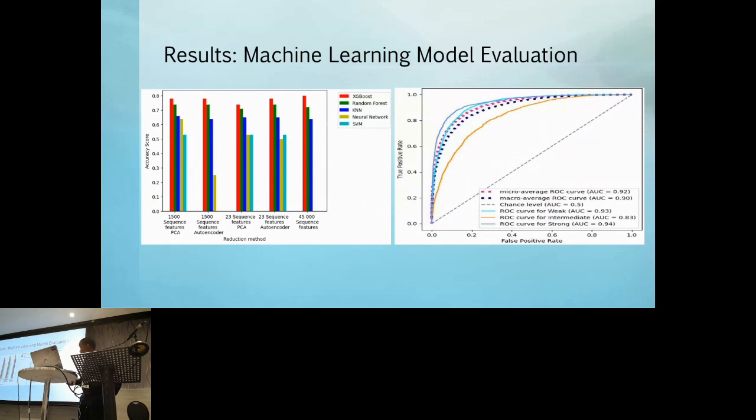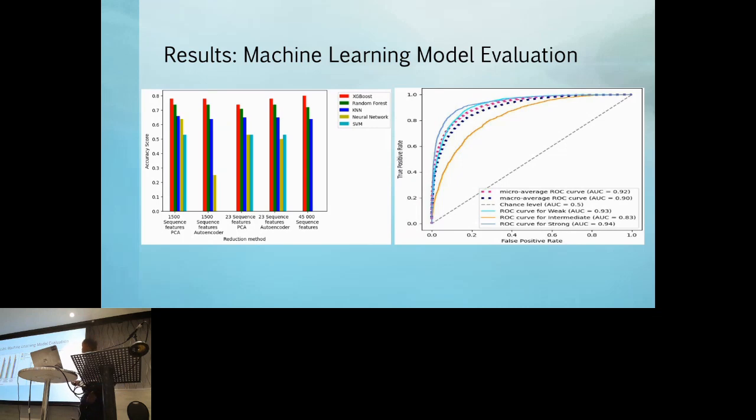On the x-axis are the different feature reduction methods that we applied to see if that could influence the performance of the model. We noted that the red bars, which is the extreme gradient boost method, had the highest accuracy. The red bars were higher than the other bars, which means the extreme gradient boost algorithm outperformed the other algorithms.